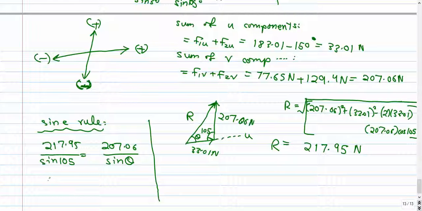Once we solve for theta, we get theta equal to 66.6 degrees. So this was the simple but lengthy procedure for this question.